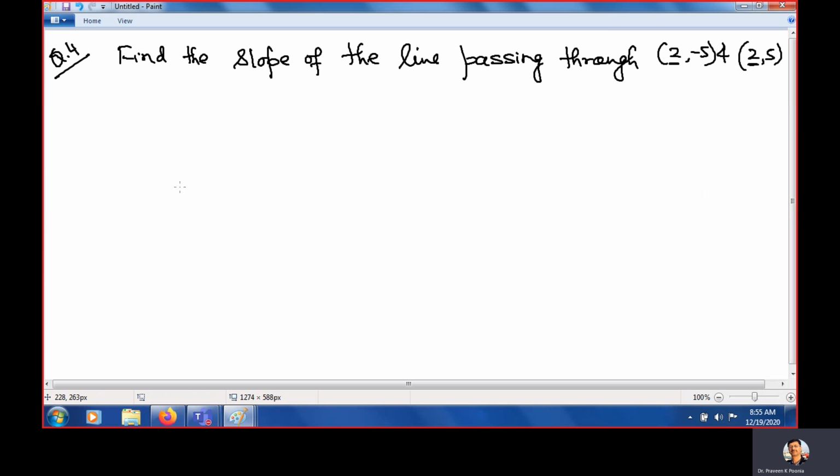So we will do this by graph. This is x-axis and this is y-axis. What is it? 2, minus 5. 2. 1, 2. Minus 5 down. 1, 2, 3, 4, 5. So this point is 2, minus 5.